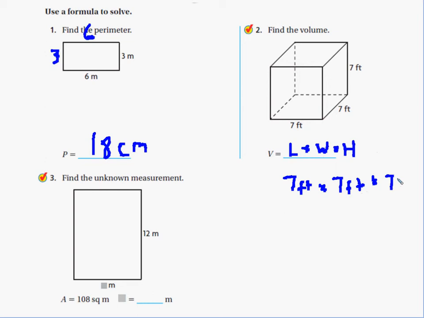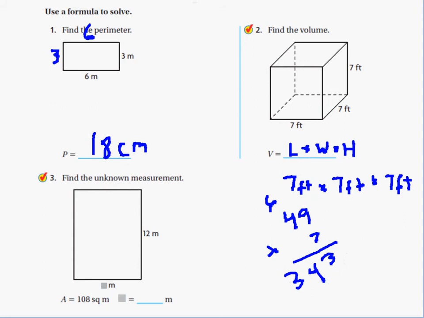So this is a cube. They're all the same. 7 times 7 is 49. And I multiply that by 7. 9 times 7 is 63. 7 times 4 is 28. Plus 6 is 34.